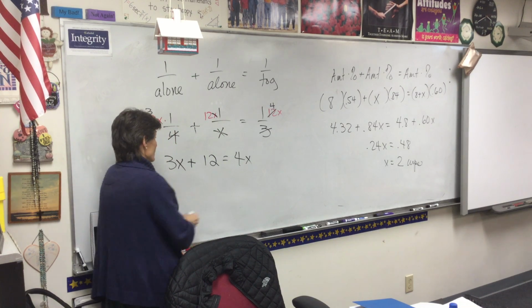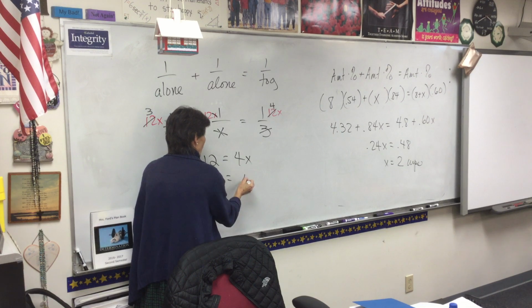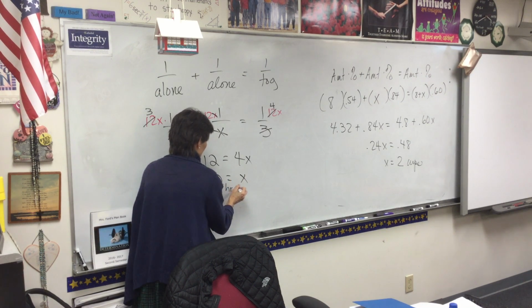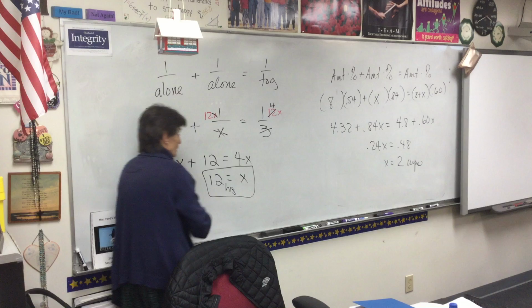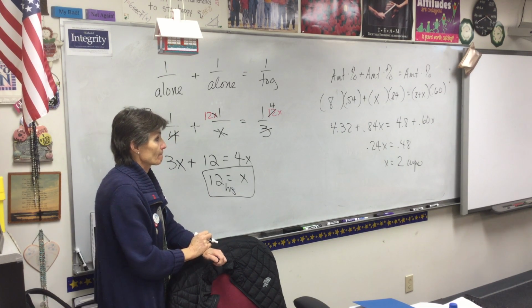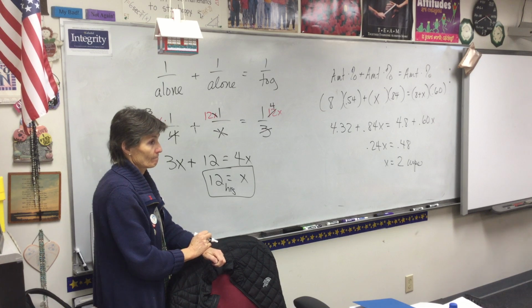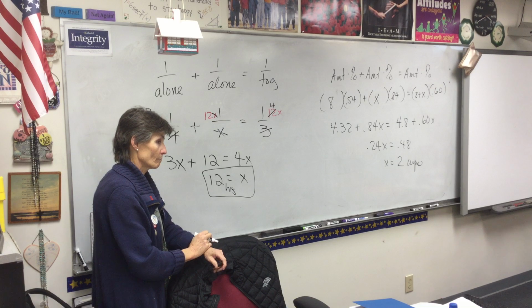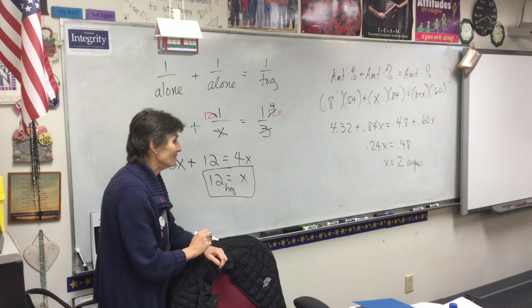Subtract 1x, so 12 equals 1x, and x equals 12 hours. Huh? Zach must be a procrastinator.